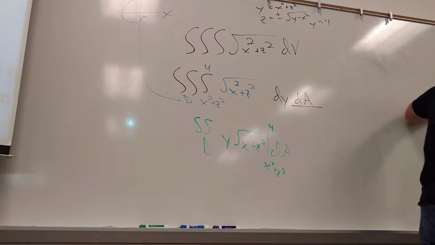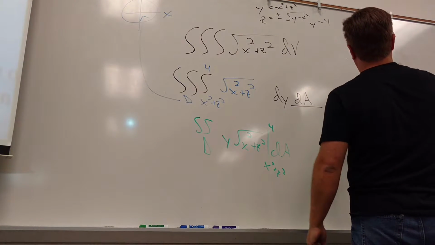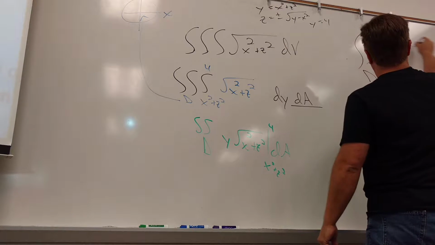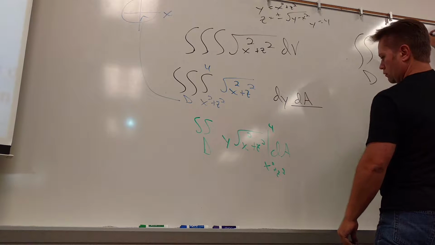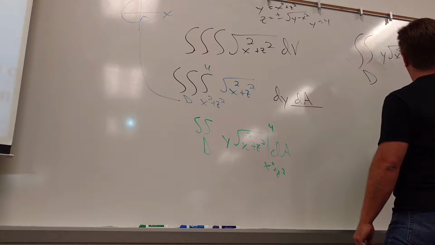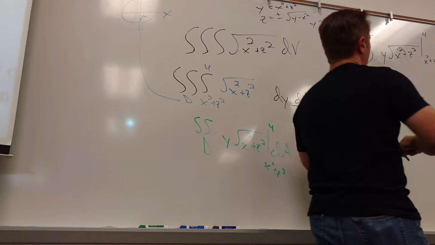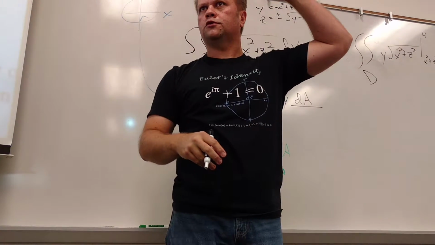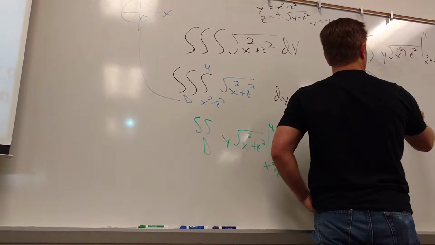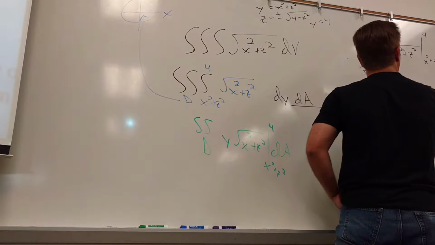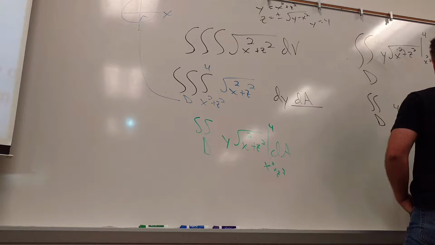All right, that's not too bad, right? That's pretty straightforward. So I get the integral of 4 times this minus x squared plus z squared times this.